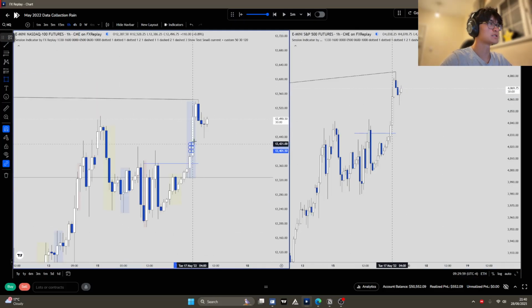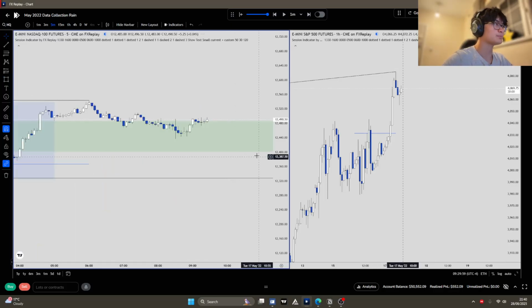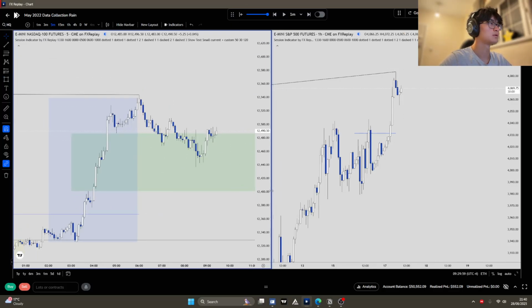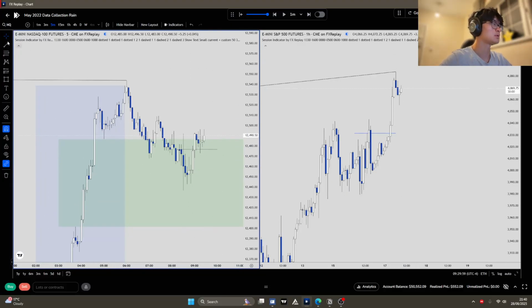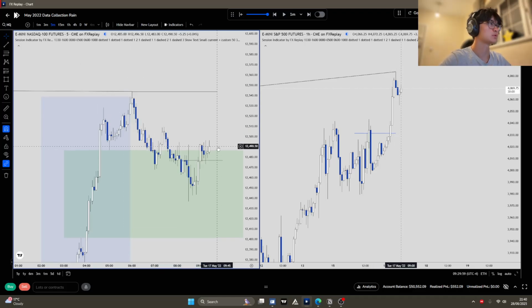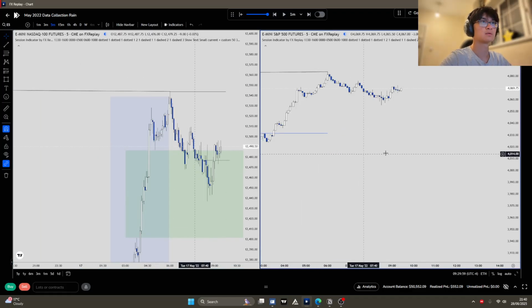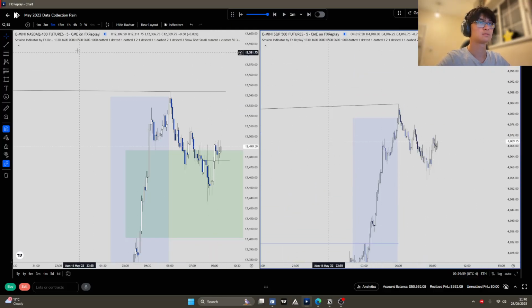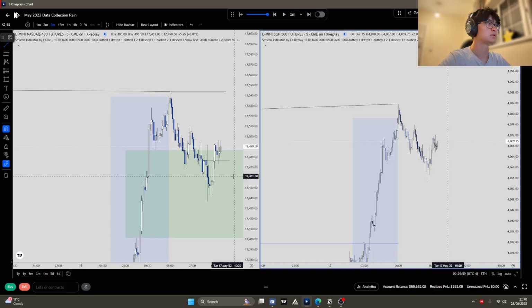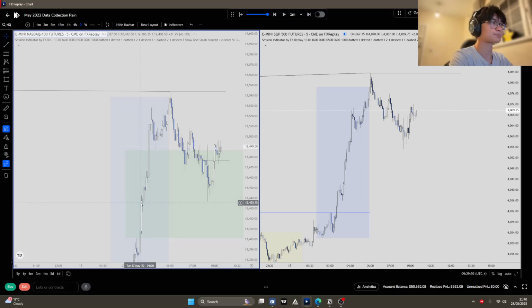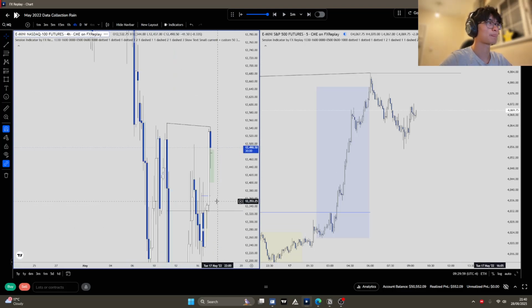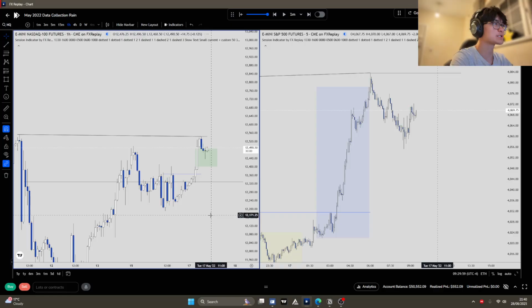So we have this hourly gap, 5-minute change, and then we have this. We could play the market maker model here. We have this buy side. Could I expect being bearish?